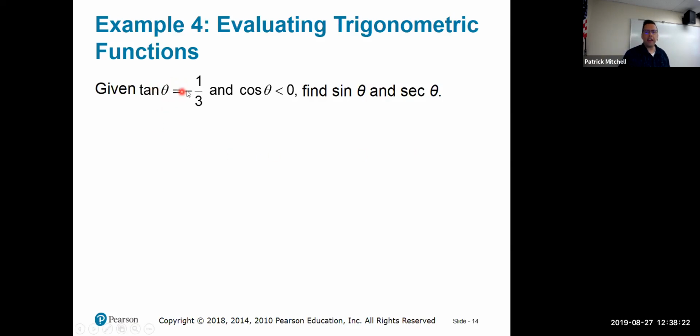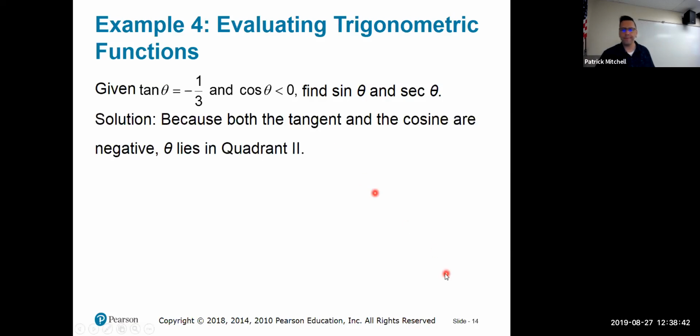We know that the tangent is negative, and we know the cosine is negative. So it definitely wouldn't be all. It wouldn't be quadrant 1. Students means that the sine is positive, only the sine. So I think we're talking about quadrant 2, right?